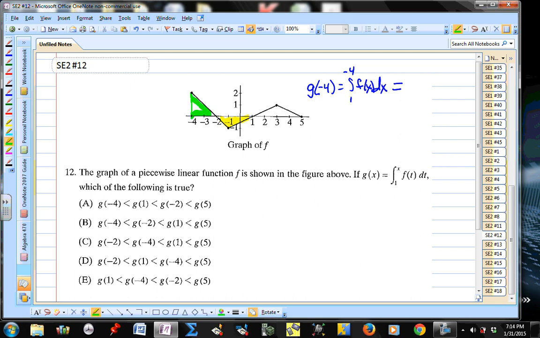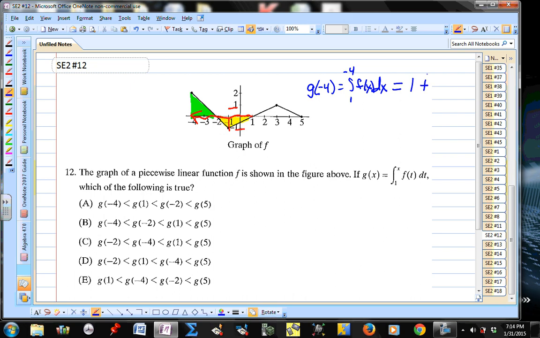Now remember that our limits of integration in this case are going from 1 to negative 4, from right to left, which means our change in x is negative, and in this interval from negative 1 to negative 2, our change in y is negative, so negative times negative is positive. Therefore, the area of this yellow region, which is 1, will give us an integral of positive 1.